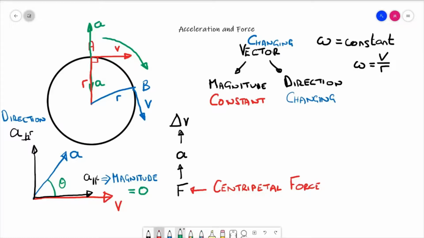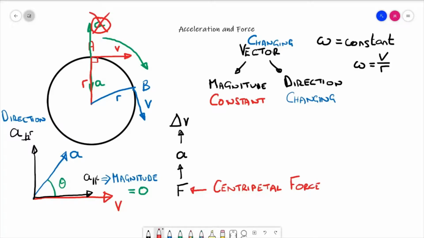Now, in order to think about which one is correct, we only need to apply common sense. The object is accelerating towards the centre of the circle. There's no way of getting it from point A to point B by using this option here. This is completely rubbish, and therefore we can discount it.